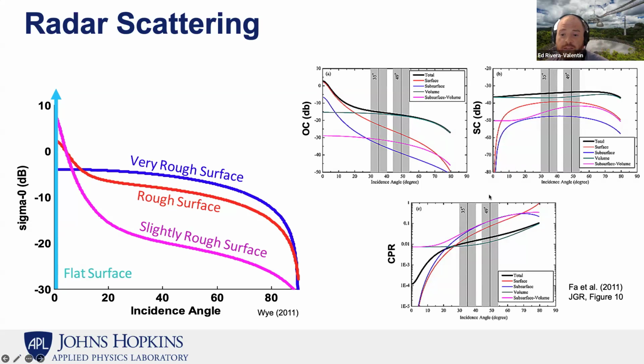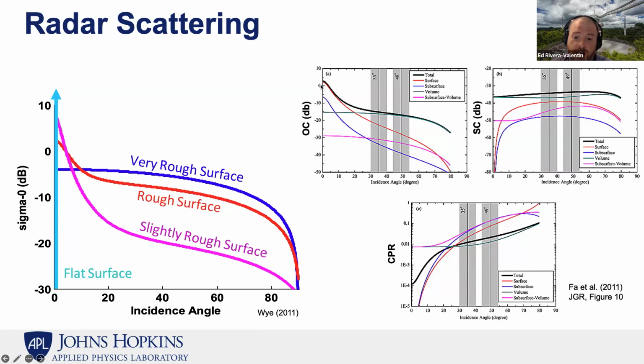Now, I mentioned that Arecibo and Mini-RF and other instruments can receive multiple polarizations. For Arecibo it was OC and SC. And in these graphs from a paper from 2011, we can see the different aspects of the surface that end up going into producing the overall observed radar backscatter.